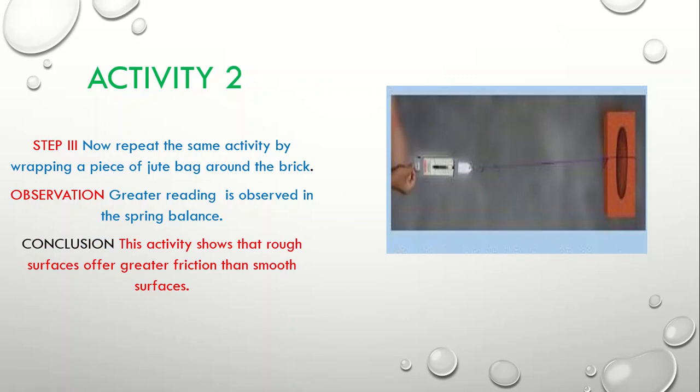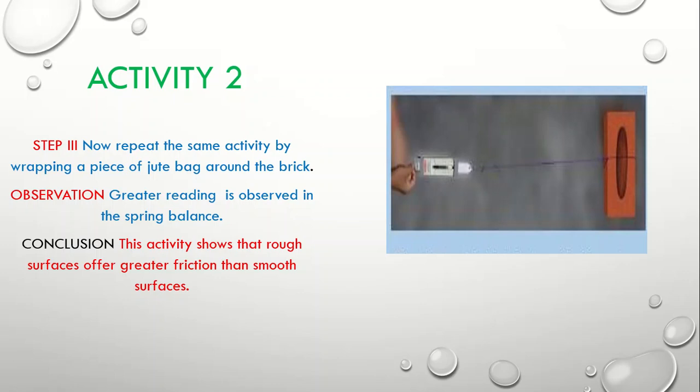So the conclusion is that this activity shows that rough surfaces offer greater friction than smooth surfaces. In the case of the jute bag, which offers a rough surface, you found a greater value of friction on the spring balance, whereas the brick alone was smoother than the jute bag surface, and in that case you found the value of friction is less.